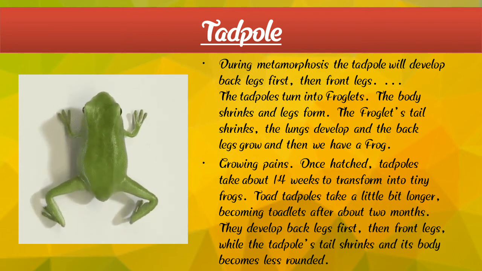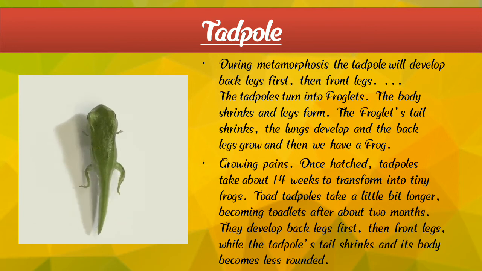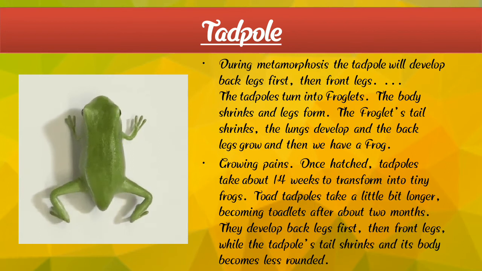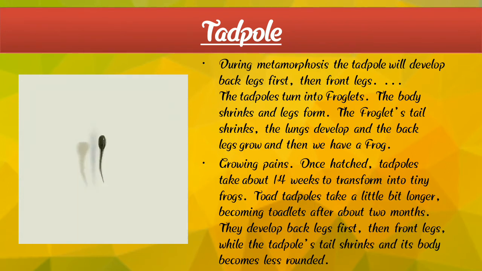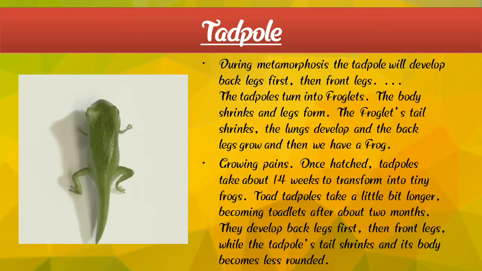During metamorphosis, the tadpole will develop back legs first, then front legs, and the tadpole turns into a froglet. The body shrinks, and the tail shrinks, the lungs develop and the back legs grow, and then we have a frog.